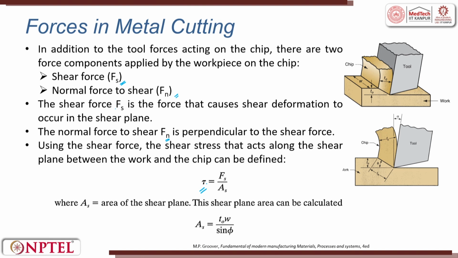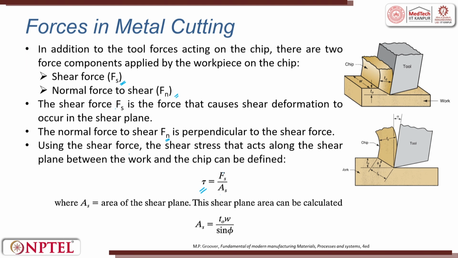Using Fs and Fn, we can try to figure out the shear force, which we can measure by doing experiments in a universal tensile testing machine. The shear stress is nothing but the shear force acting along the shear plane divided by the area.